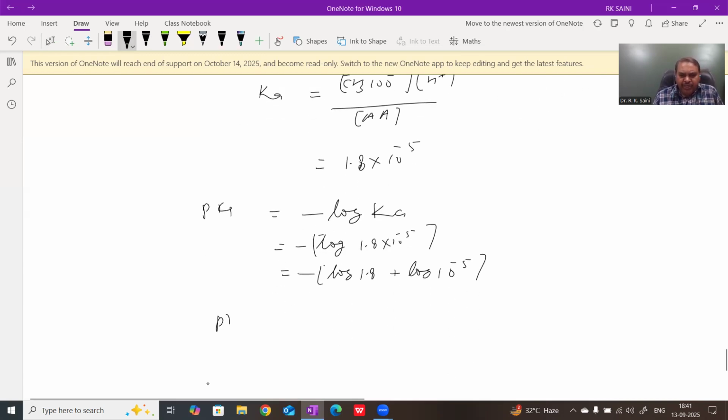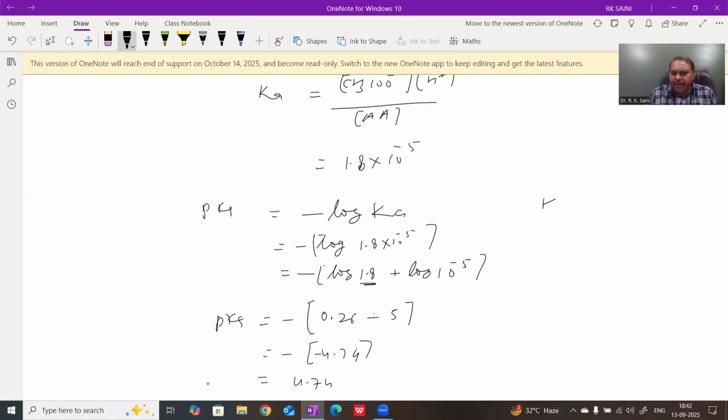And hence its pKa equals minus log 1.8, which is nearly 0.26, and minus log 10 to the power minus 5 equals 5 because log 10 equals 1. Therefore, pKa is 4.7574, or we can say its pKa is 4.74.